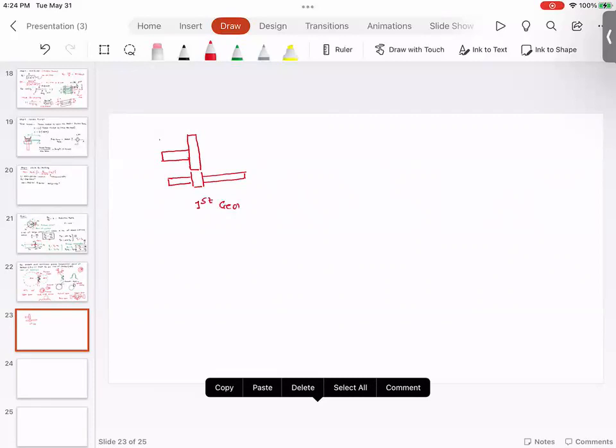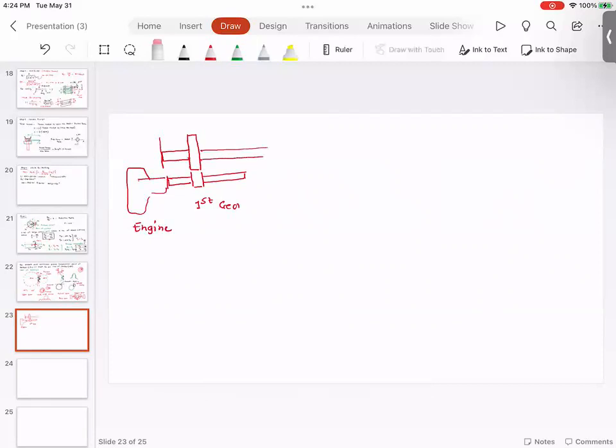I'm just going to show you a simple setup. Here is the engine, and this is connected to the engine. And this is the second gear.